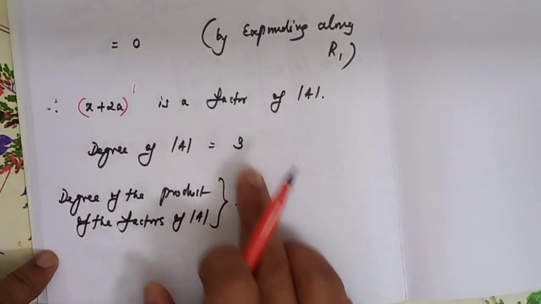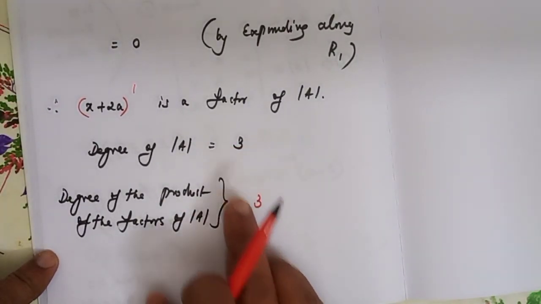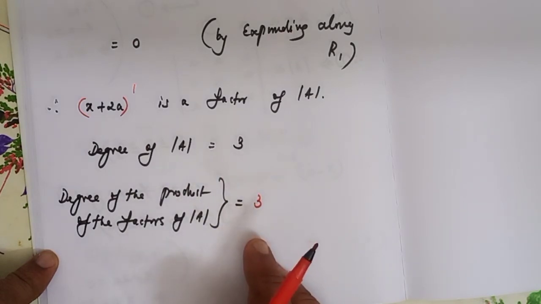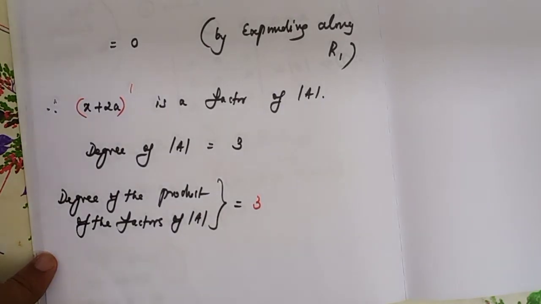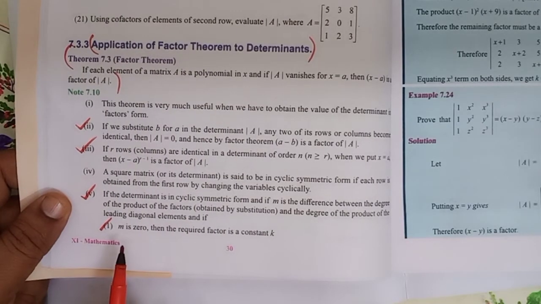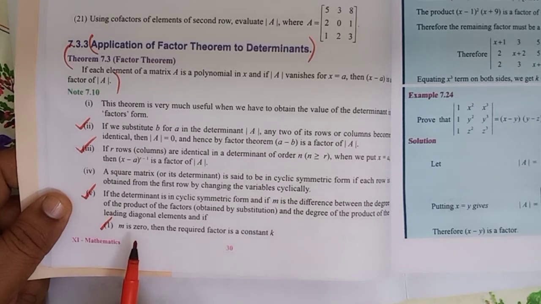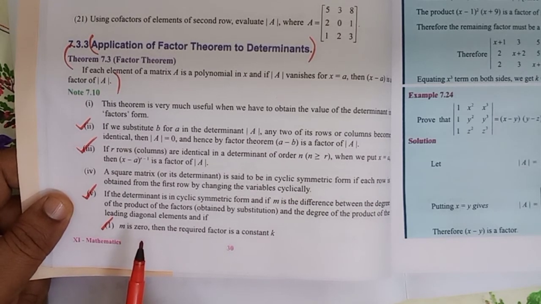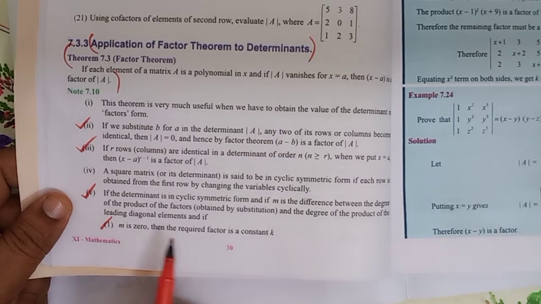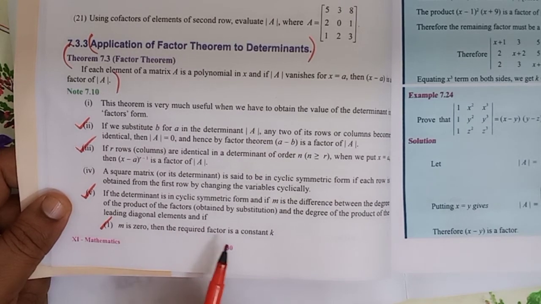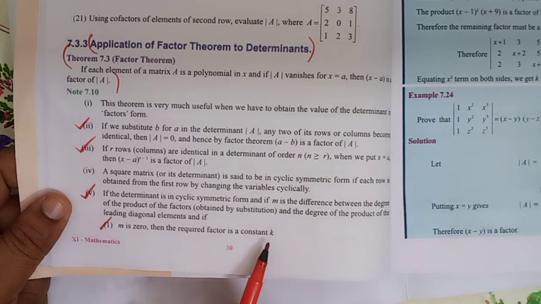So what about the difference between these two? Difference means you have to subtract these two. 3 minus 3 is equal to 0. Since the difference is 0, what is given here? M is 0. M is the difference between the degree of determinant of A and the degree of the product of factors of determinant of A. That is 0. If it is 0, the other factor is a constant factor, that is k.